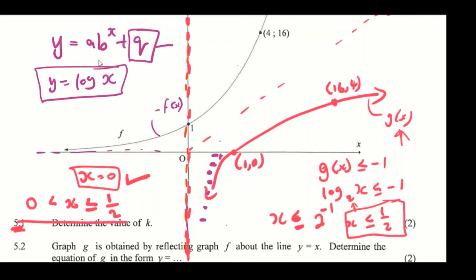So this is going to be your solution for this problem, where the graph will not touch the y-axis when x equals 0, and you will get your negative 1 solution at x equals 1 over 2. So this is the solution for this problem here.